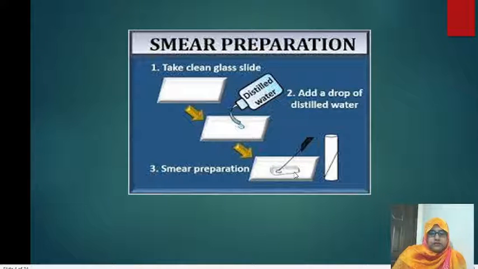This is the first step: a thin, clean, dried glass slide, a drop of distilled water put over it, then the loop having inoculum mixed with the drop of water.